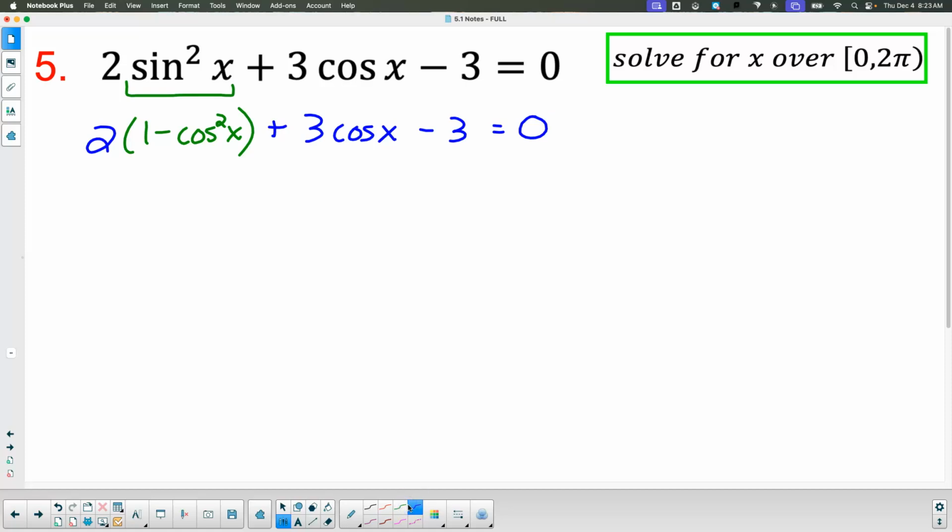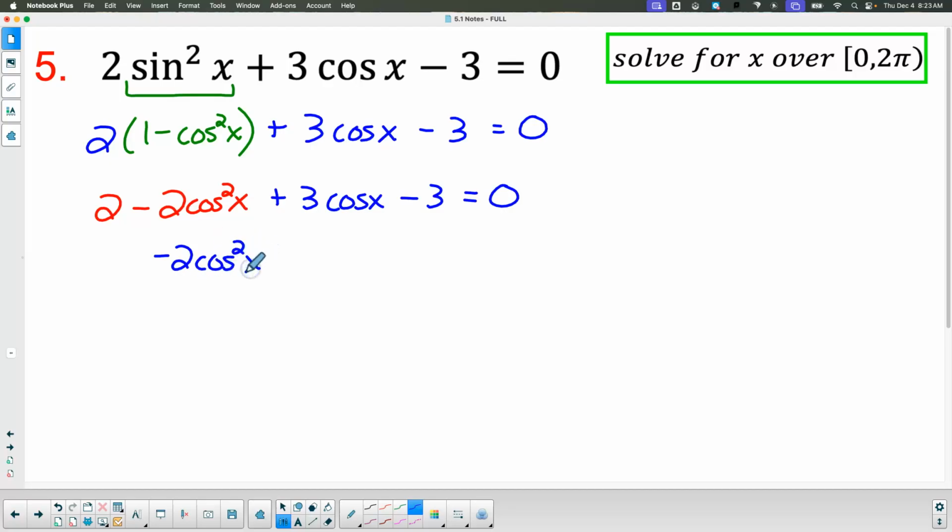So we would get 2 minus 2 cosine squared of x plus 3 cosine of x minus 3 equals 0. With me so far? Okay? So that's going to be negative 2 cosine squared of x plus 3 cosine of x minus 1 equals 0.